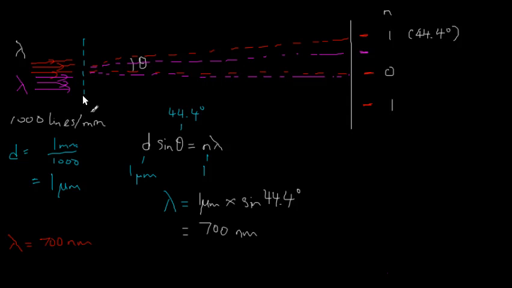Now if you repeat this experiment for violet light, let's say I measure the angle and find 23.6 degrees. There'll be violet light at the center instead of the red light. If I now want to calculate the wavelength of this violet light, I could use the same formula.